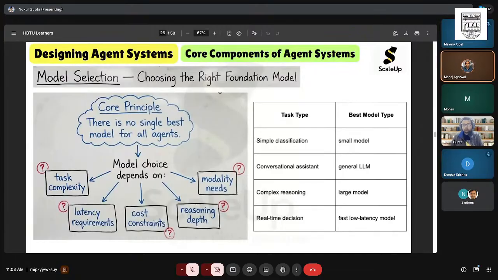I'm sure this kind of classification model can be developed very cheaply just to understand the complexity of the question the user is asking. Or maybe you always ask the small language model first, and based on the confidence score it provides, you decide that this was not the task for it, and then you fall back to a large language model.